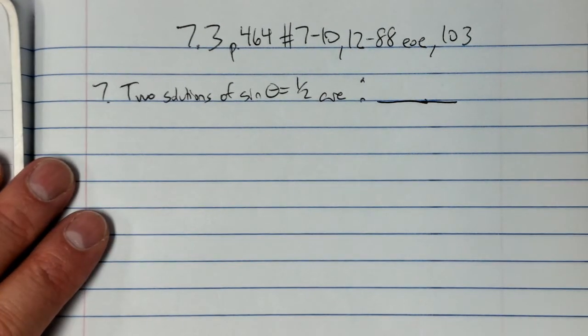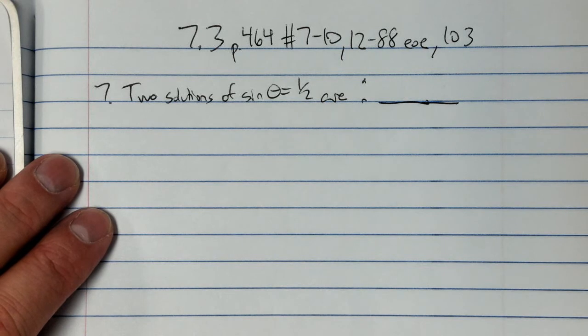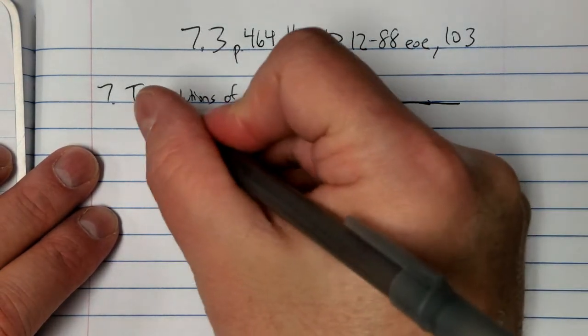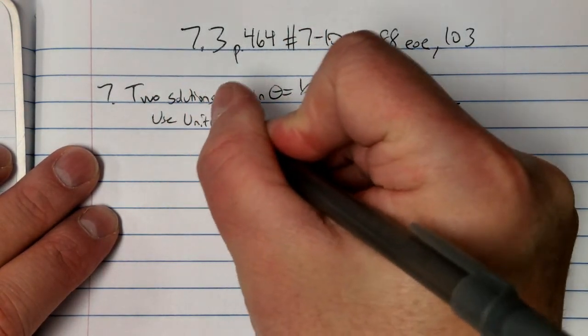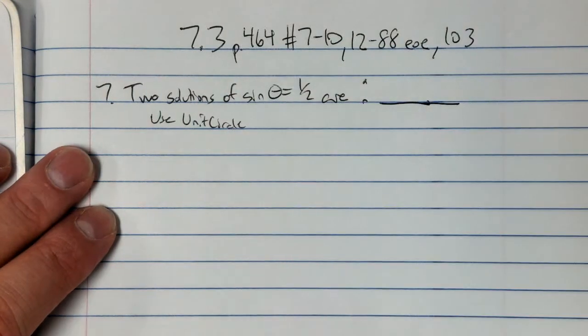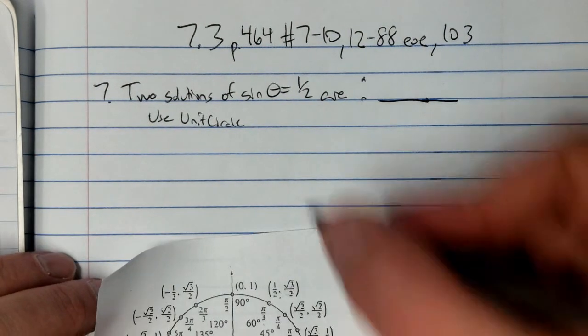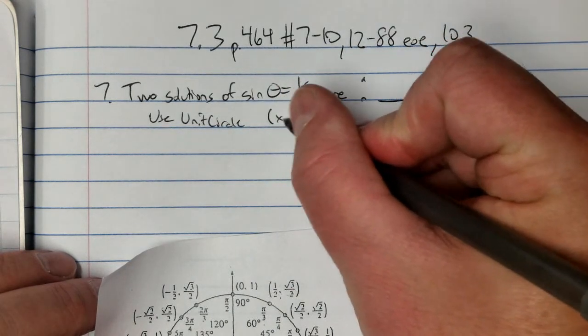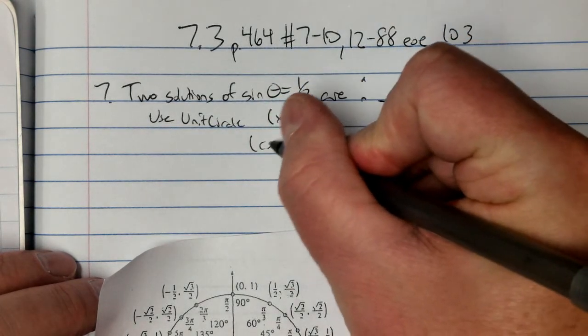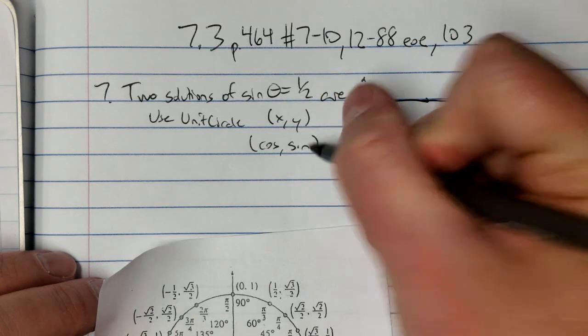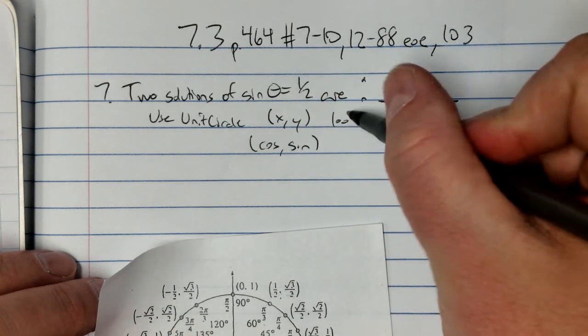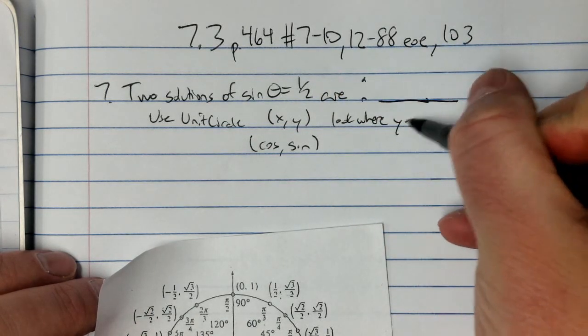So now what you're going to need to do is use your unit circle. That's going to be your best bet on these. So what we need to think about is it's an XY ordered pair, so that means it's cosine comma sine. So look where y equal 1/2.